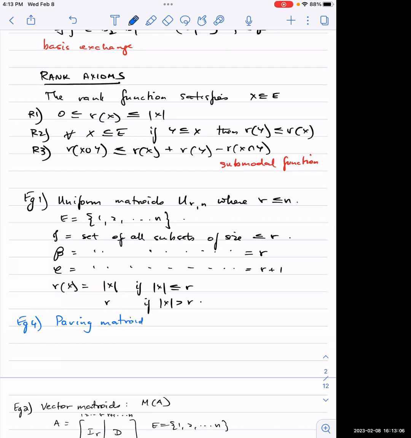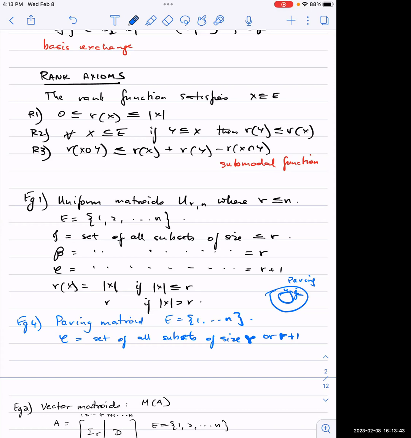And this one is, E equals 1 to n again, but let the independent sets be the set of all subsets of size r, or r plus 1. So it contains the uniform matroids. So the uniform matroids are a proper subset of that, right?